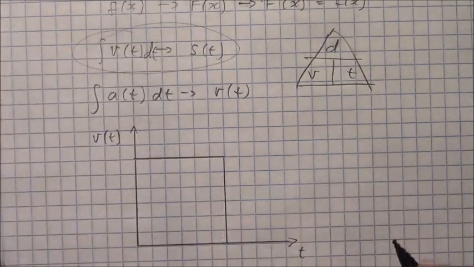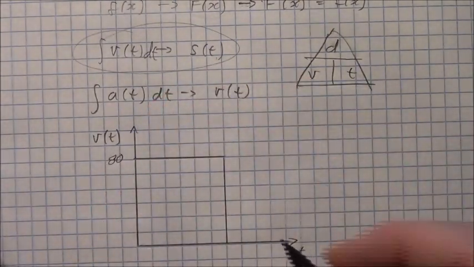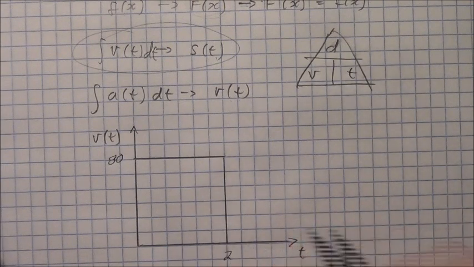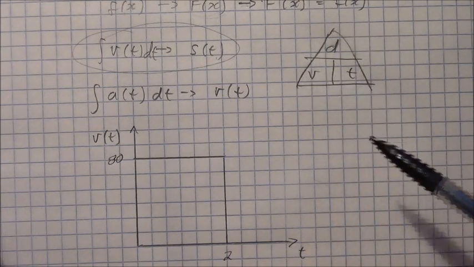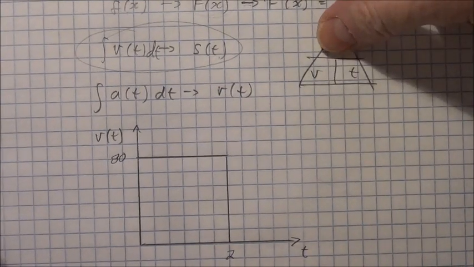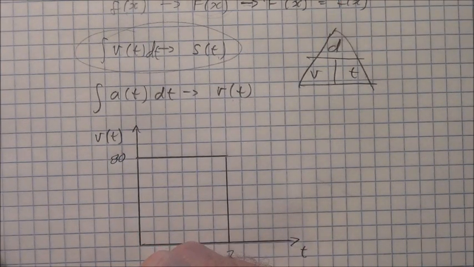Suppose there's a constant speed of, say, 80 kilometers an hour, and the object is moves for 2 hours. From the distance, speed, time triangle, if we want to know the distance, we find the speed times the time.